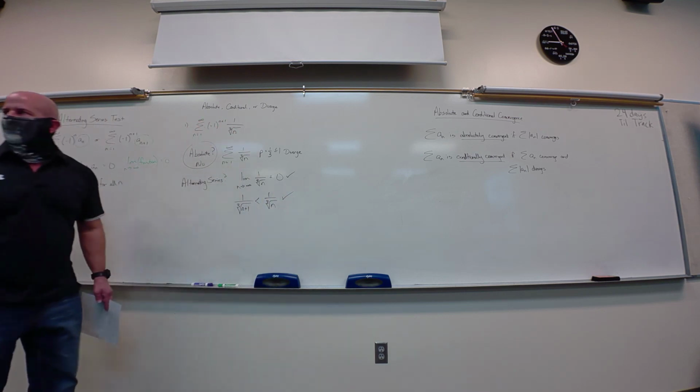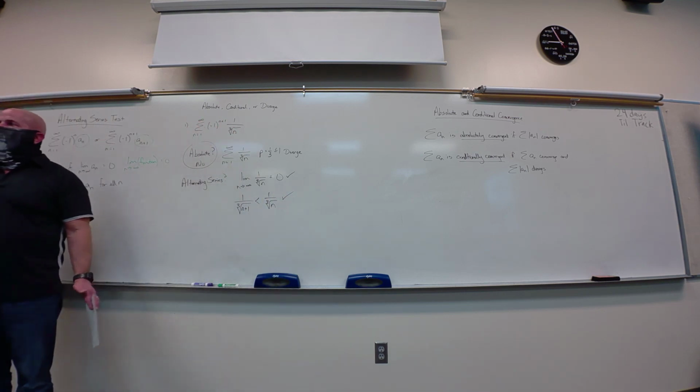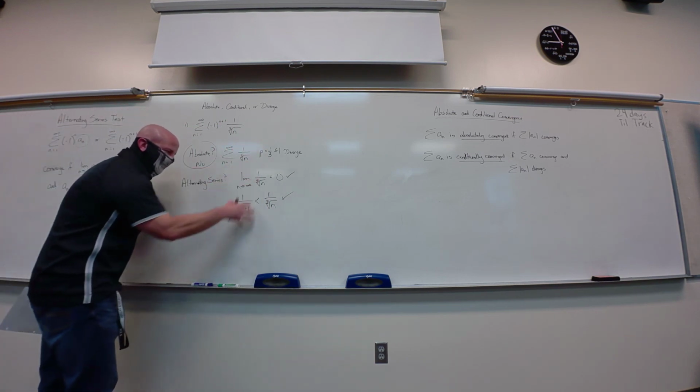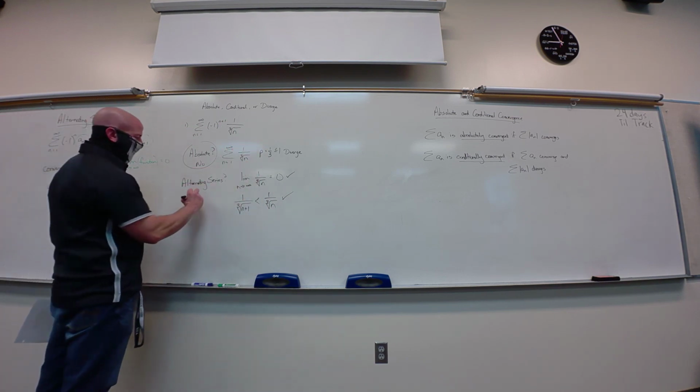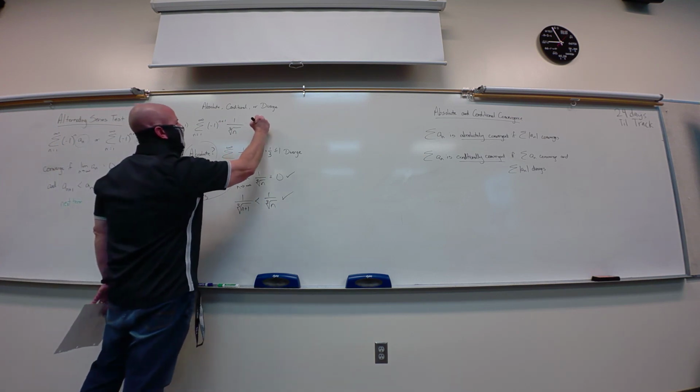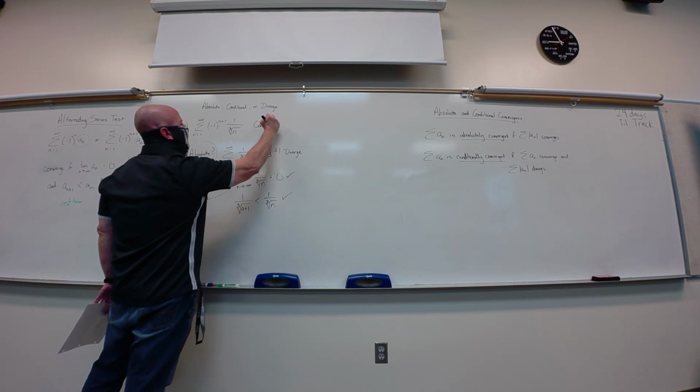Yes, both parts satisfied. So we're back doing the same test we did before. This is going back to old stuff. So, yeah, this works. So we say this is conditional. I'll just say conditionally convergent.